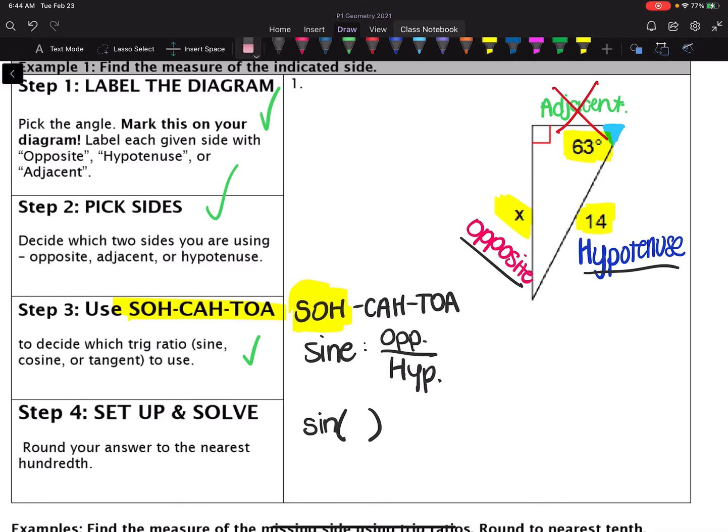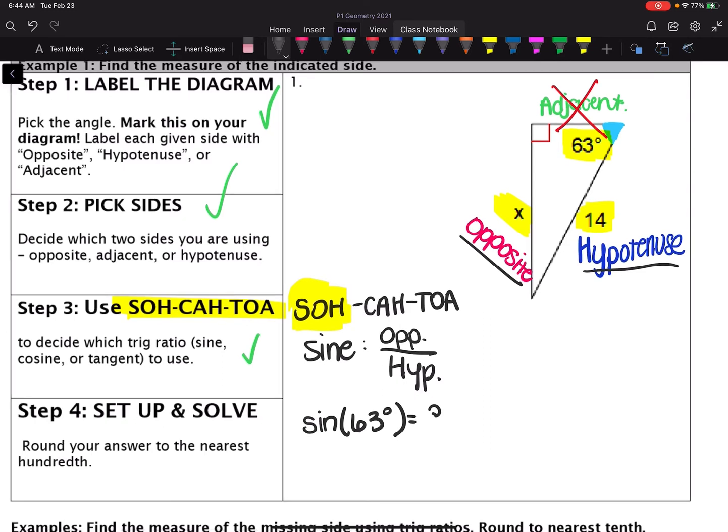So since I know the measure of the angle, we're going to say that the sine of the angle that is 63 degrees is equal to the opposite side length, which is labeled as x, over the length of the hypotenuse, which is 14. So again, x over 14 is that opposite over hypotenuse ratio.